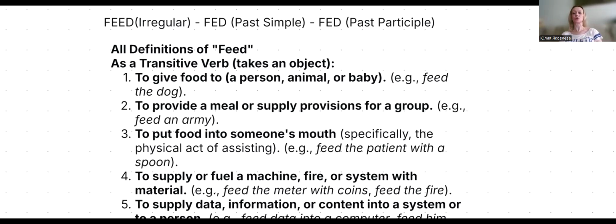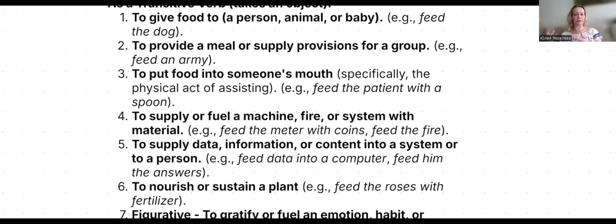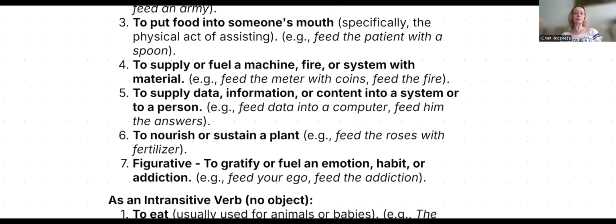The same thing, not only about money, as we could figure here, it could be supply, provisions, or all kinds of necessary things, goods. The next thing is to put food into someone's mouth, literally assisting people to eat, as with this situation of mine where my mom is a patient as she's sick, so I need to put the food into her mouth sometimes as it is difficult for her to hold the spoon herself. Then the next meaning is to supply or fuel a machine, fire, or system with material.